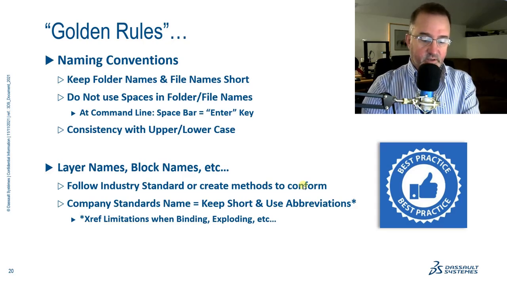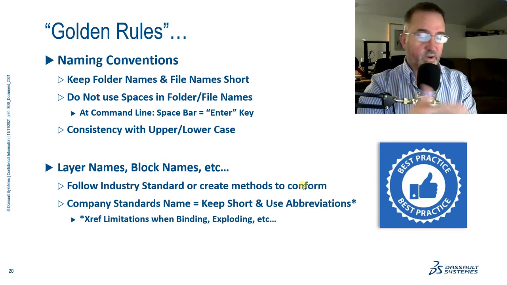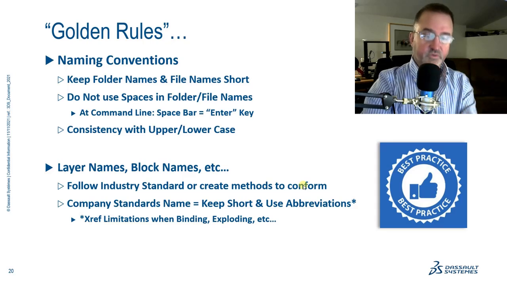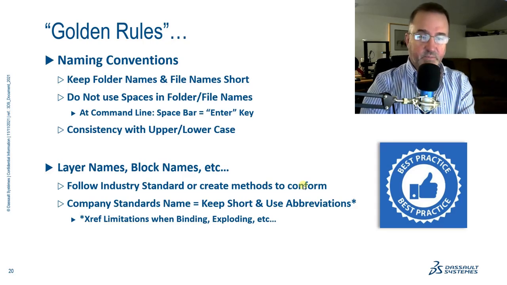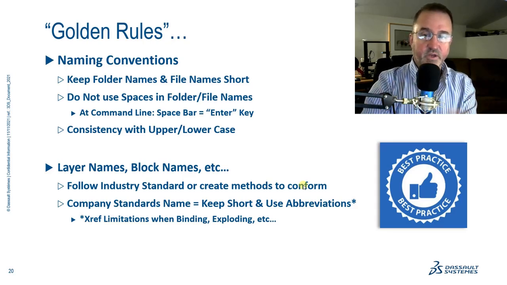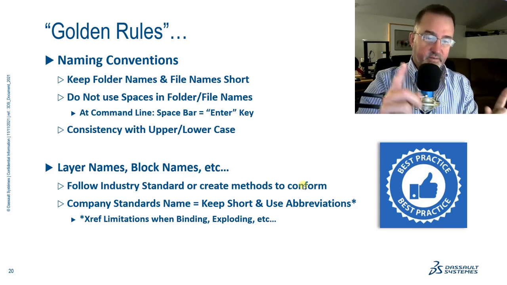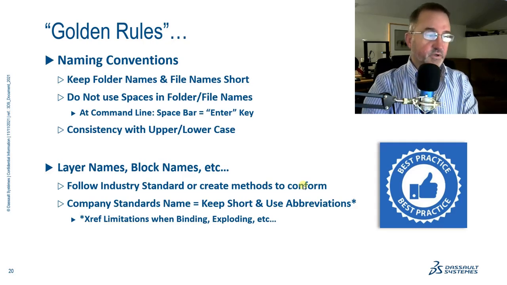For instance, I've had situations where companies have used really long descriptive folder names and file names, and then later on when it goes to being able to XREF, either binding or exploding or doing things with those drawings, they're not able to do that because if a layer name gets to be too long, that process cannot be executed.